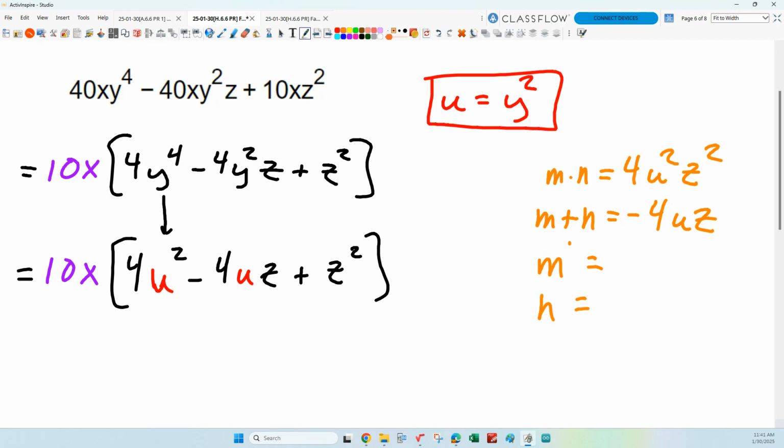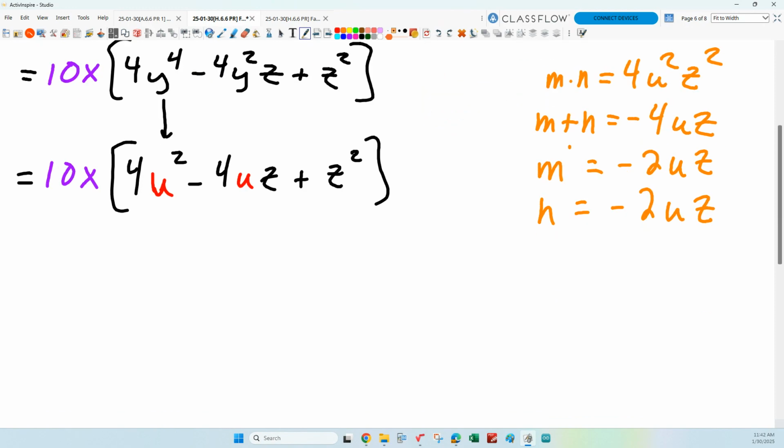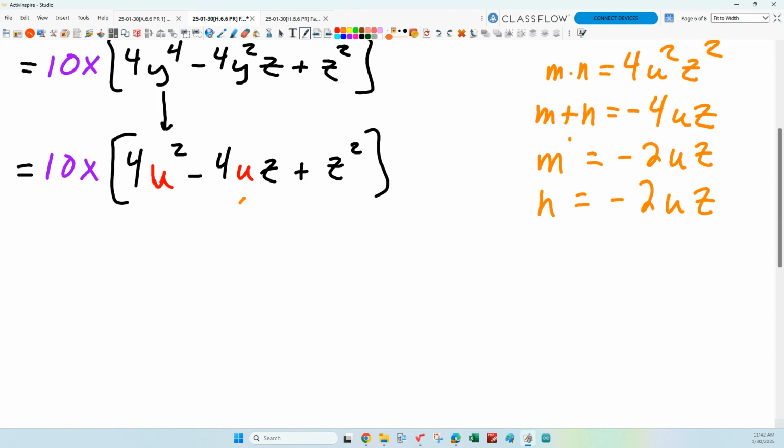What terms would multiply to positive 4u squared z squared, but add to negative 4uz? Everybody agree? Okay. So I can just split that middle term then into negative 2uz minus 2uz, and everything else stays the same.